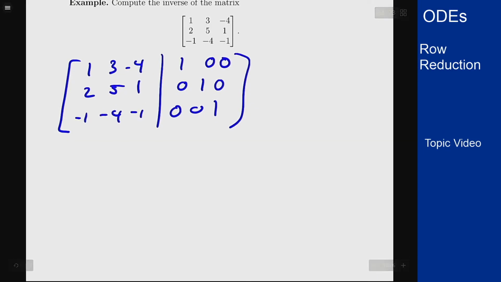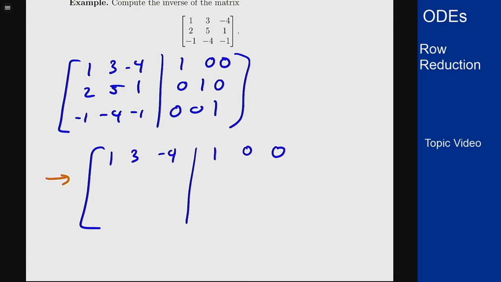So let's get rid of the 2 and the 1 down here because they are below this pivot 1 up top. That's going to give me the first row staying the same, subtracting 2 copies of row 1 from row 2, adding 1 copy of row 1 to row 3.